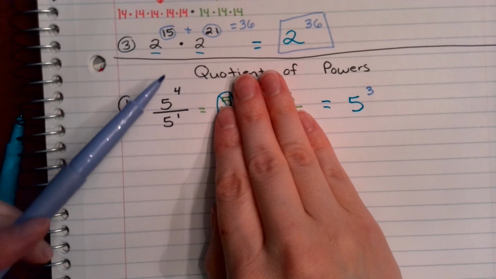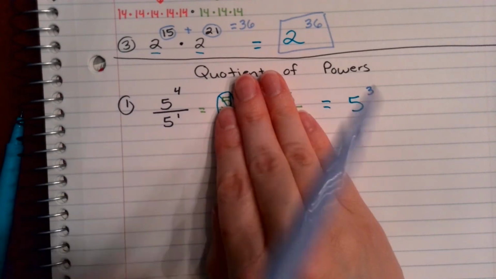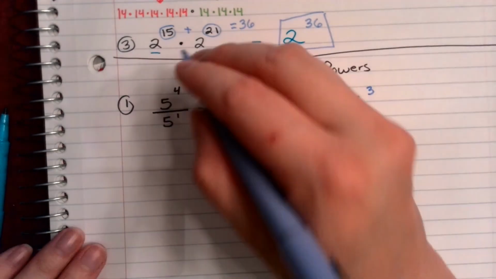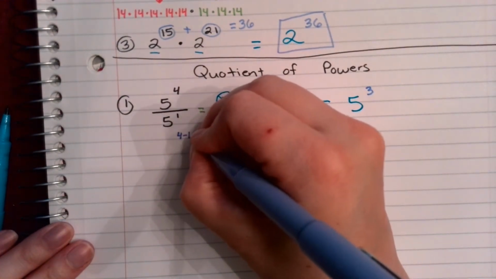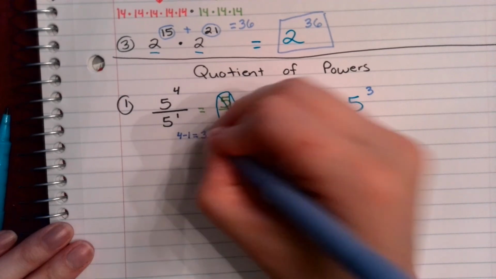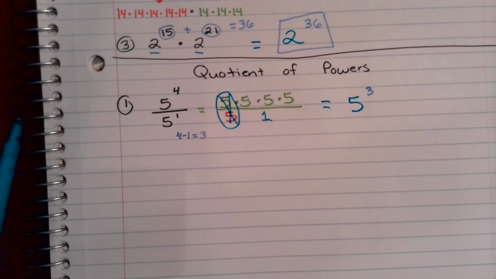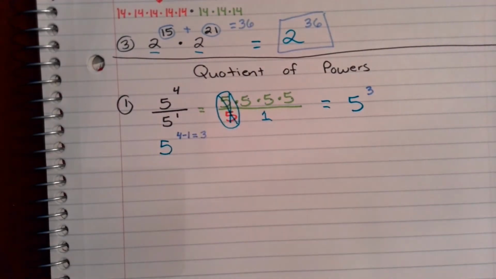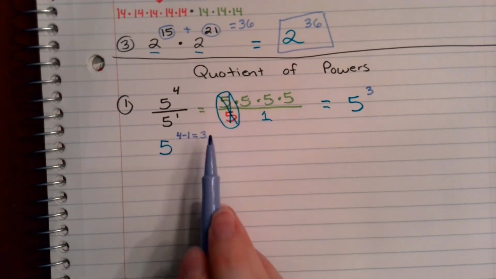So what could we do with the 4 and the 1 to get an exponent of 3? Subtract them. 4 minus 1 gives us a 3 for our exponent. So the 5 is going to stay the same for the base. You're just taking your exponents and subtracting them to get the 3.